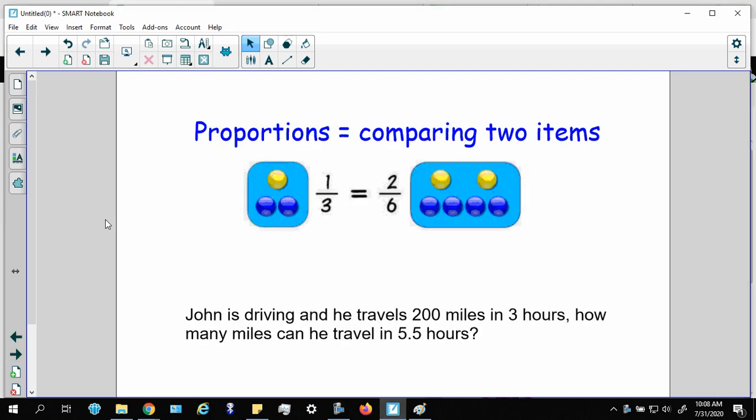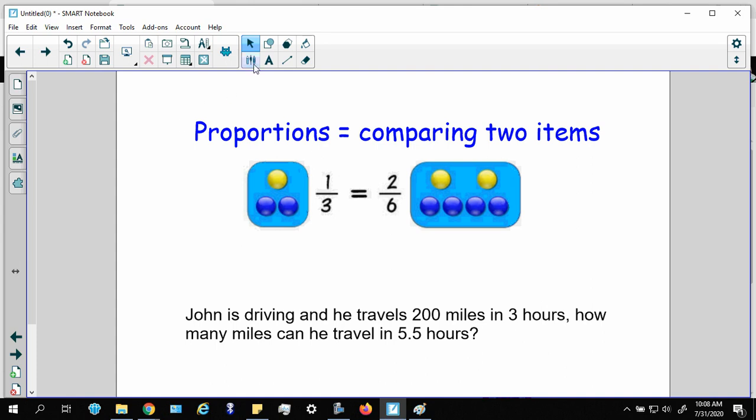Basically, a proportion, I'm going to keep this simple, is when you're comparing two items. In the very simple example that I showed you, you are comparing the yellow circle to the total.